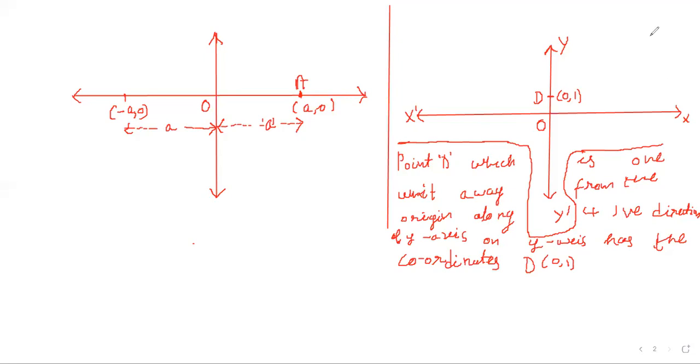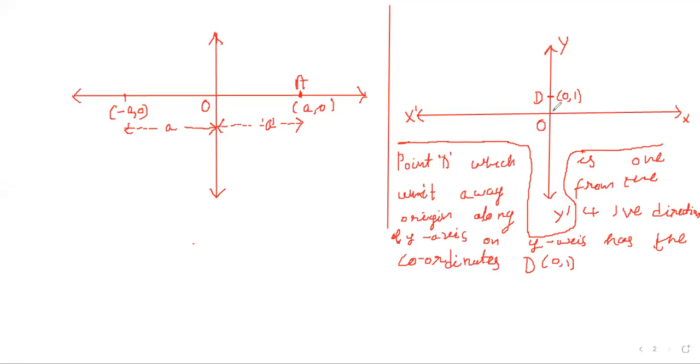So remember, point D, which is 1 unit away from the origin along positive direction of y-axis, on y-axis has the coordinates D (0, 1).